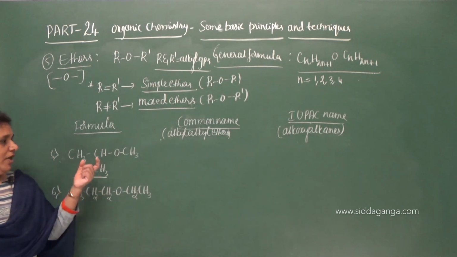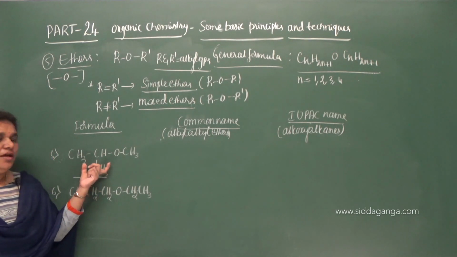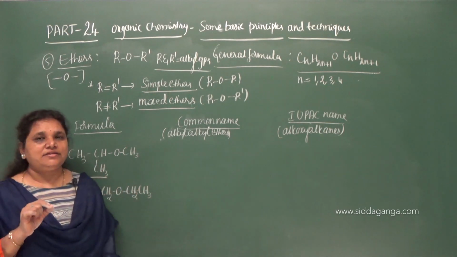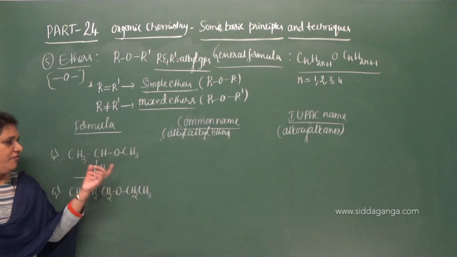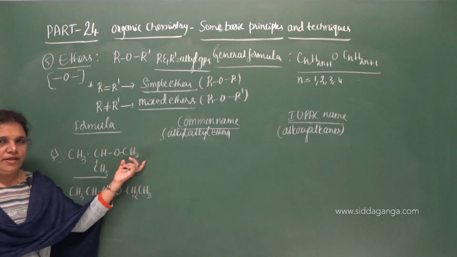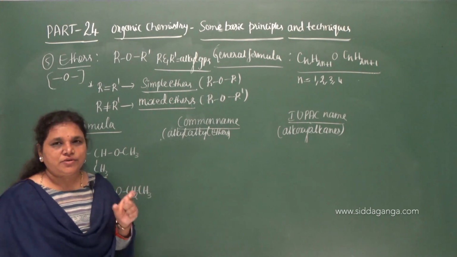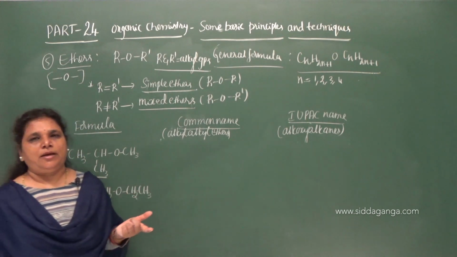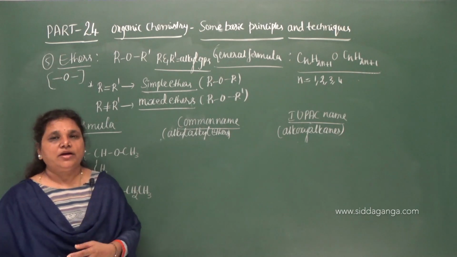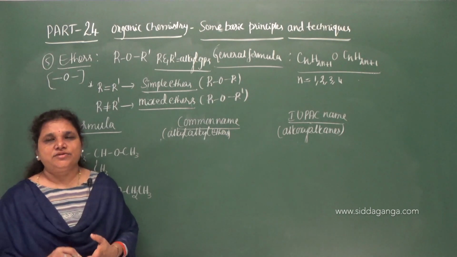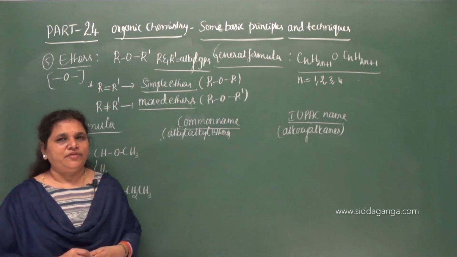So we need to consider the first letter I while arranging them in alphabetical order. But we cannot consider prefixes like secondary and tertiary as a part of the fundamental name of the alkyl group.